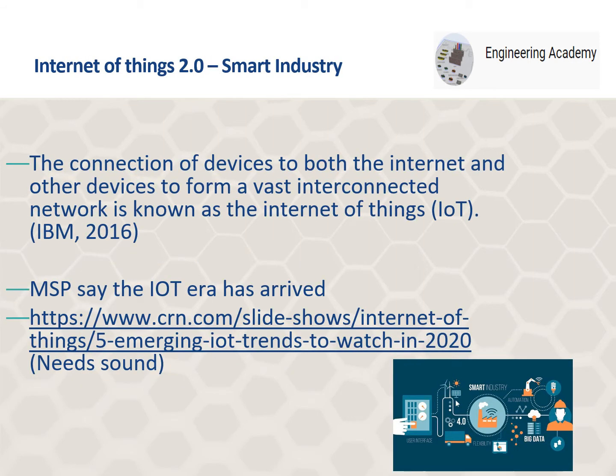Connecting devices to both the internet and other devices to form a vast interconnection of networks is known as the Internet of Things. I suppose an example I could come up with is a company I worked with that produced aerosol sprays around the world.